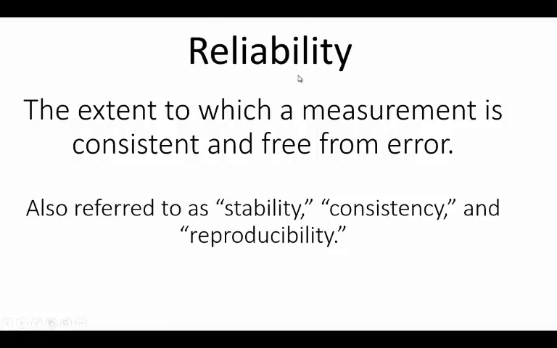The word reliability can be referred to as stability, consistency, reproducibility. All of these words have the same meaning, which in simple English means if I'm measuring something and I measure it again, it gives me the same reading or very close to the original or the first reading.